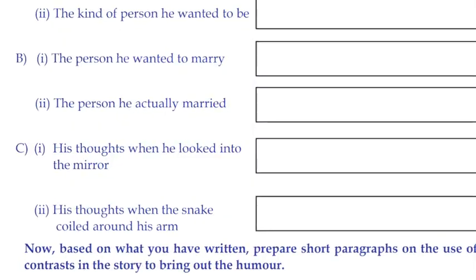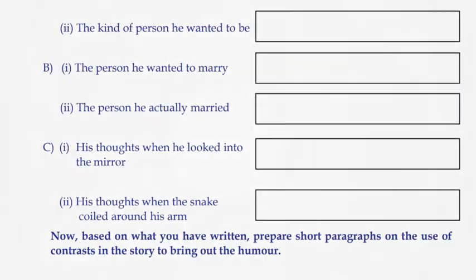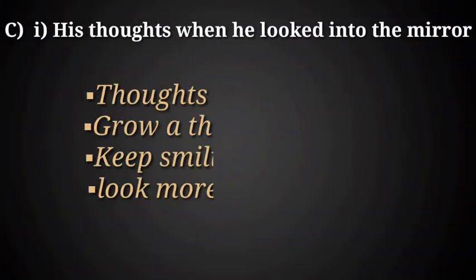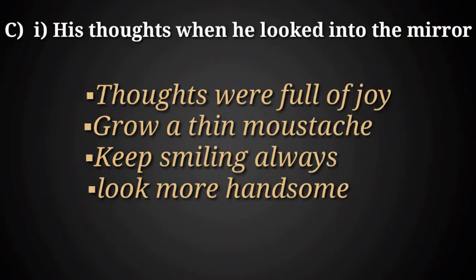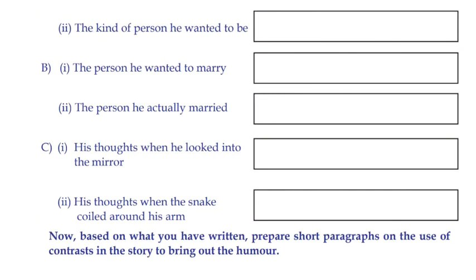Okay, we move to the hints C. His thoughts when he looked into the mirror. His thoughts were full of joy. Grow a thin mustache, keep smiling always, look more handsome. We move to the next hint: his thoughts when the snake curled around his arm.